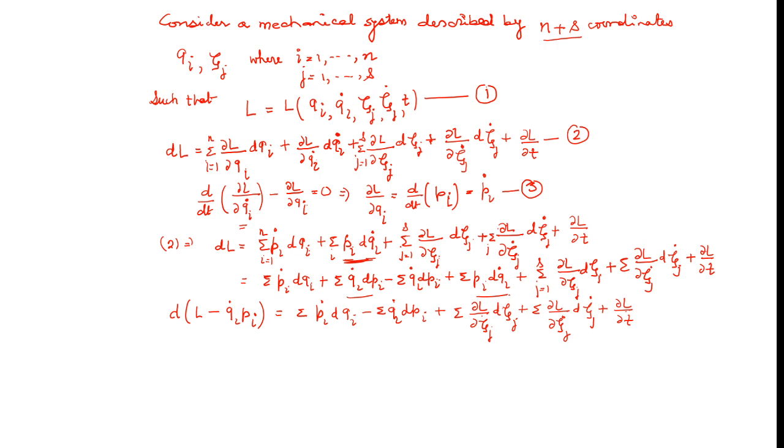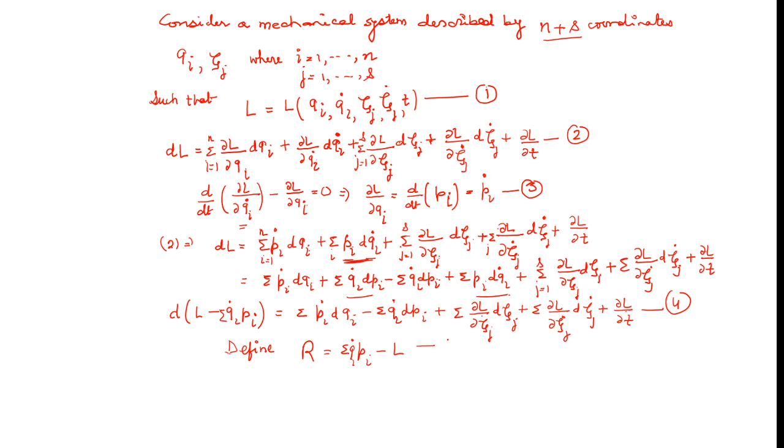So at this stage I'll define a function R, the Routhian function. Define R as summation qi dot pi minus L. This R is defined with the help of a Legendre transformation.